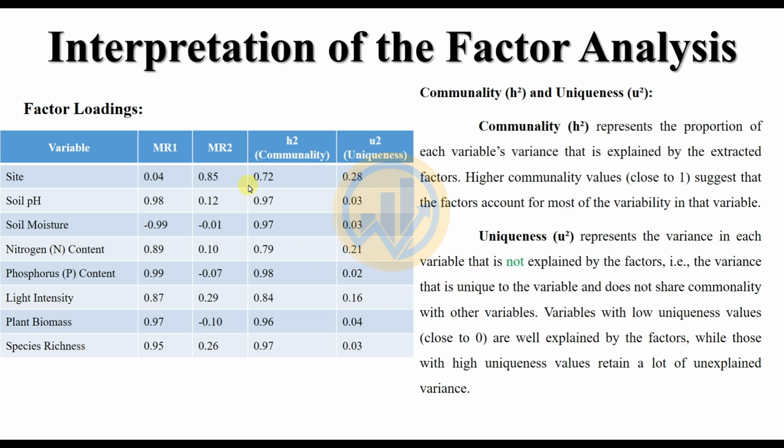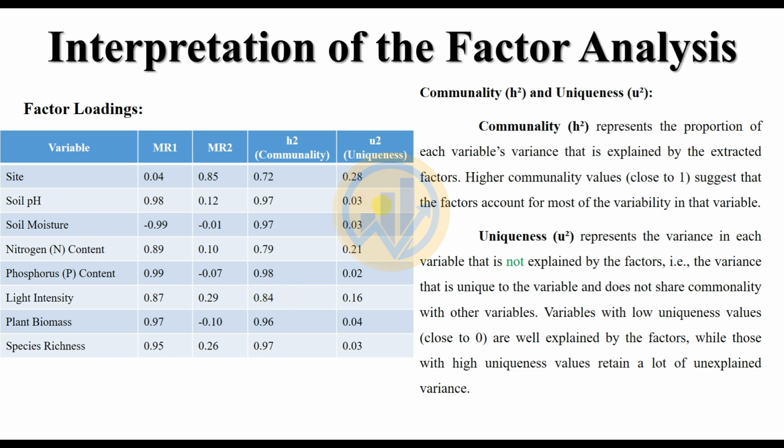Now the communality h2 and uniqueness u2. The communality represents the proportion of each variable's variation that is explained by the extracted factors. Higher communality values, closer to 1, suggest that the factors account for most of the variability in the variables.